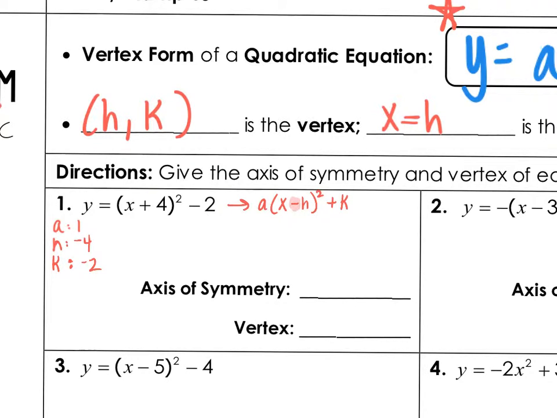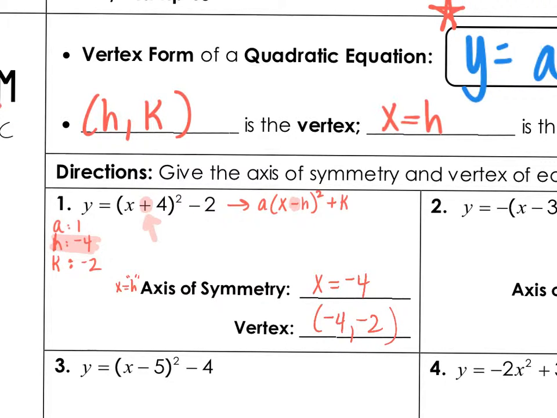So since the h is positive here, then that means that that is a negative 4 because it's minus to make that positive. And since this is a minus 2 and it's supposed to be plus k, then that k is a negative 2. Which means my axis of symmetry is x equals negative 4, and my vertex is negative 4 comma negative 2.